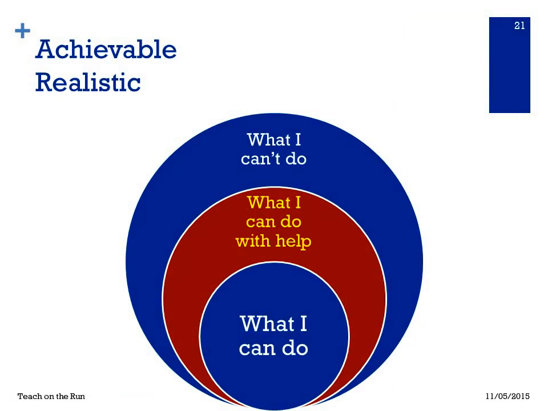Is the performance goal achievable? Is it within their zone of development? Is it appropriate for their level of training? Is the performance goal realistic and relevant to the learner?